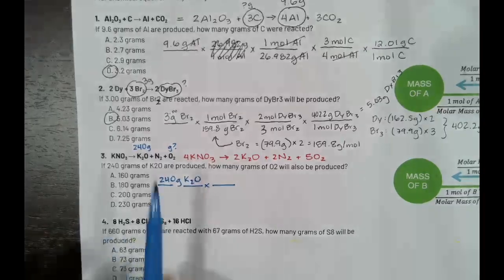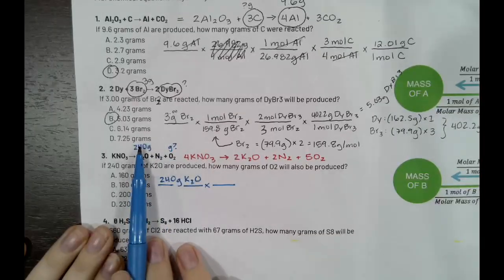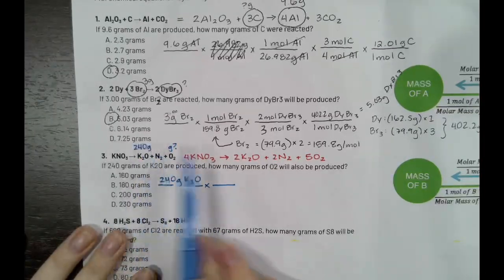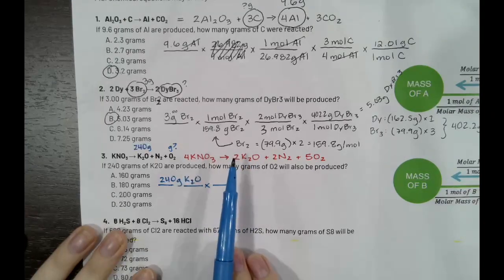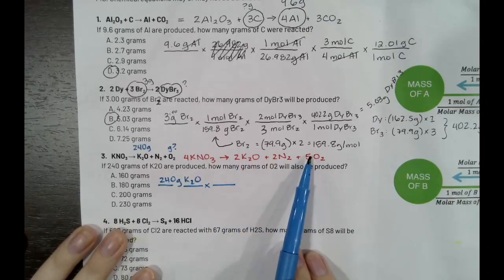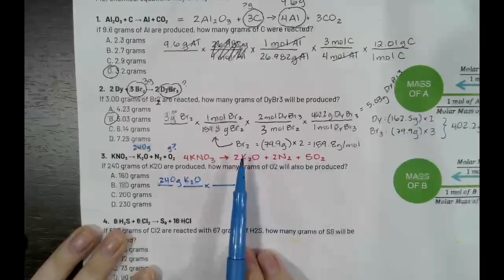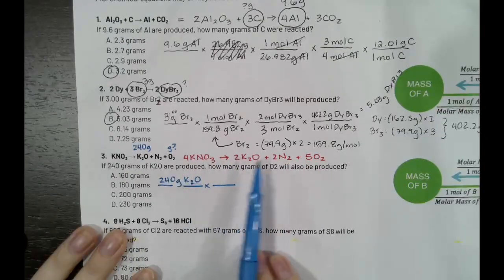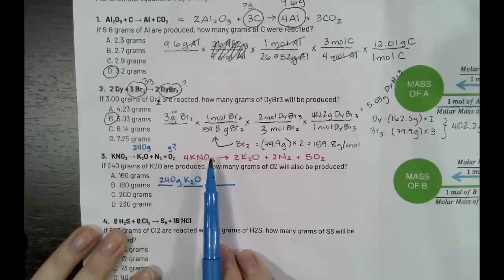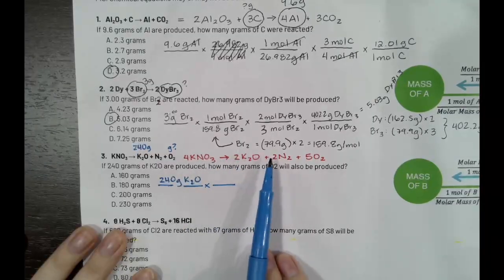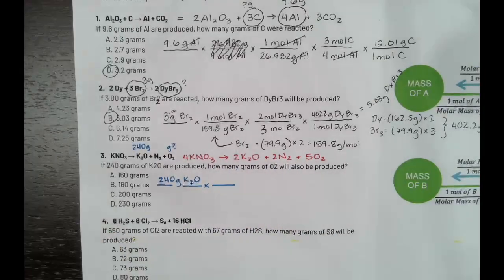Now, we can't convert them straight from grams to grams, but we can do grams of this to moles of this, moles of this to moles of this, and then moles of this to grams of oxygen. These numbers here, you can pretend that all of these mean moles. 4 moles of this yields 2 moles of this plus 2 moles of this plus 5 moles of this.